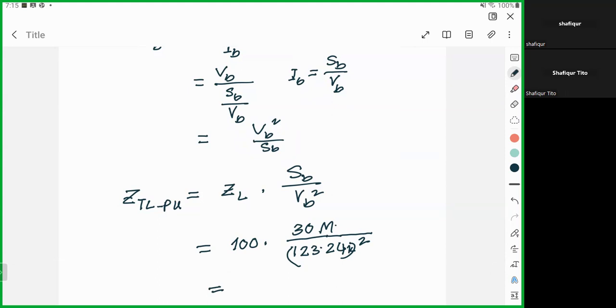So this one would be equal to 30 divided by 123.24 square times 100, is 0.1978 PU. So this one is also done.